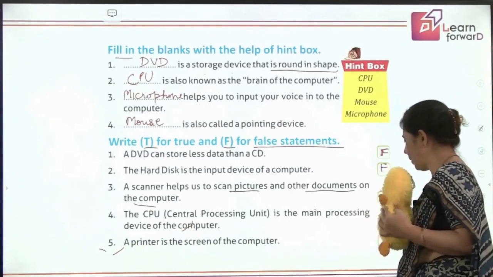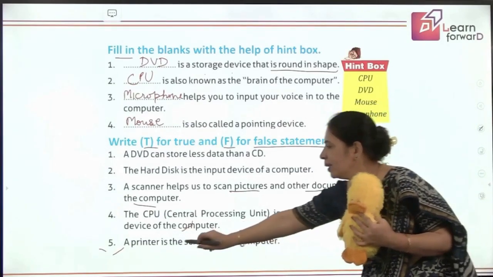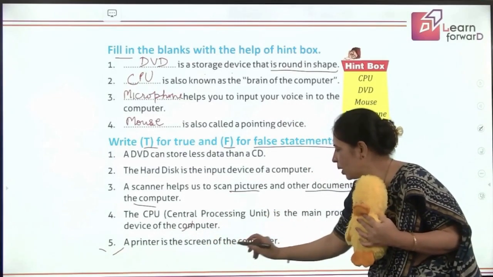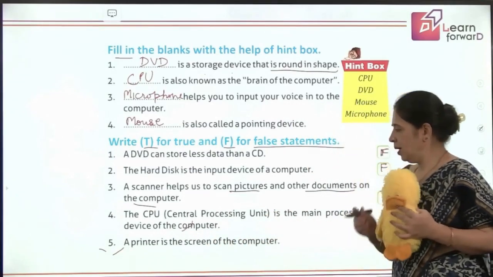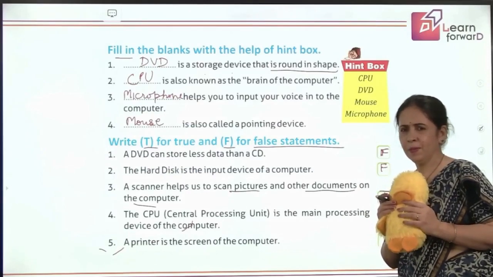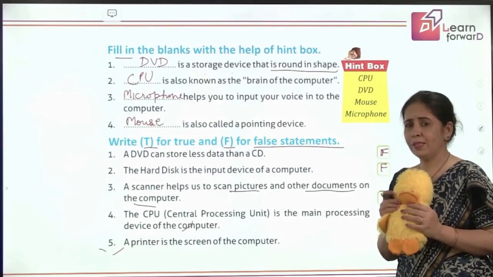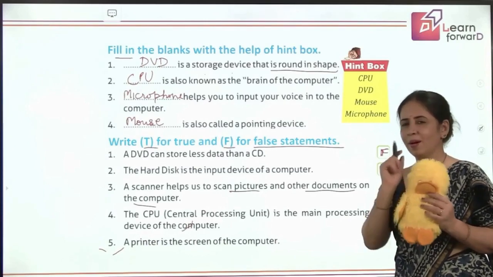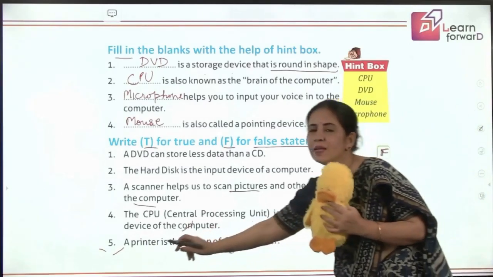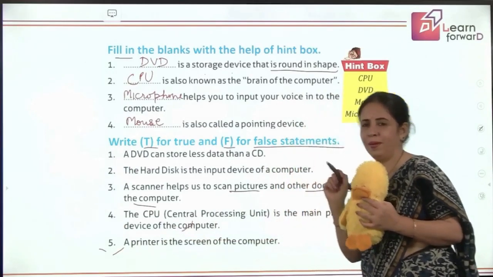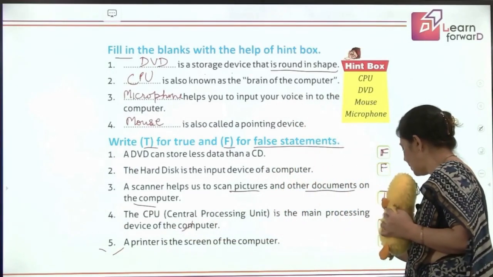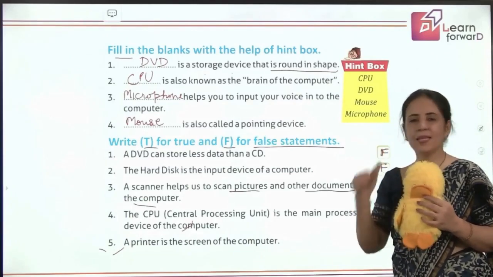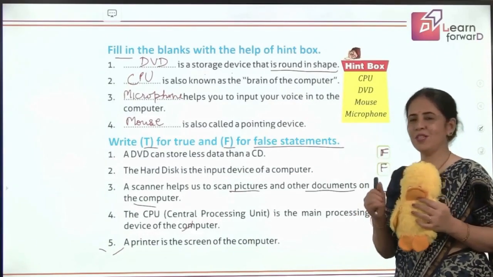So we write true here. And we come to the last one. A printer is a screen of a computer. Is printer a screen? You remember what is the role of the printer? Yes, monitor is the screen of the computer, rightly said. So printer is used to take the hard copies. Good going. So we say this is a false statement. Very nicely answered. Your efforts are appreciated.